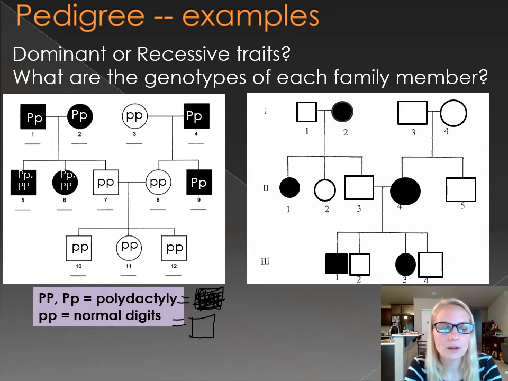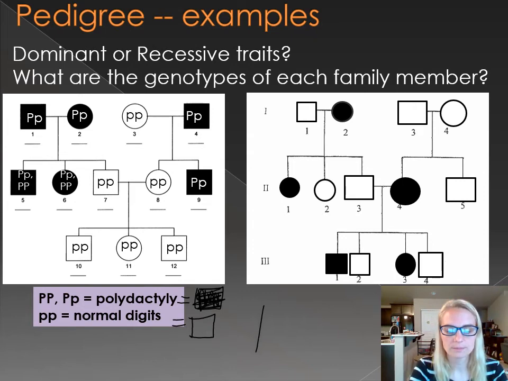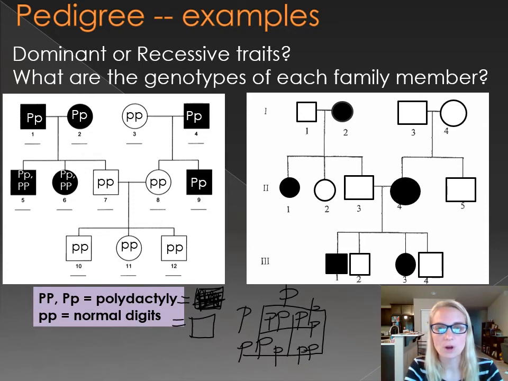So how come in this one family on the left, 5 and 6, they could be either one? Well, you could do a Punnett square. When you have heterozygotes mixing, you could have any one of those combinations.